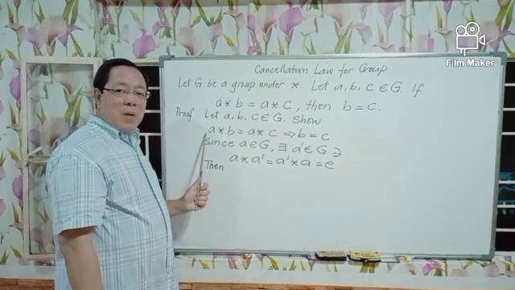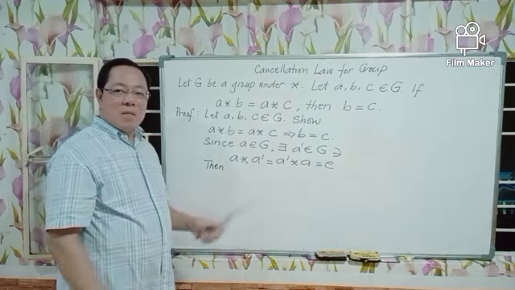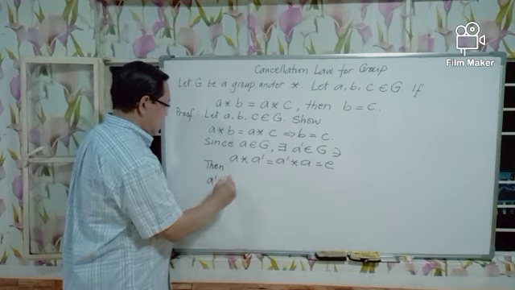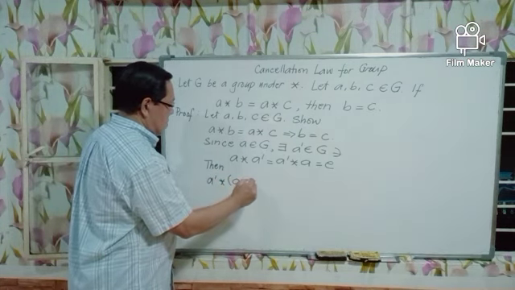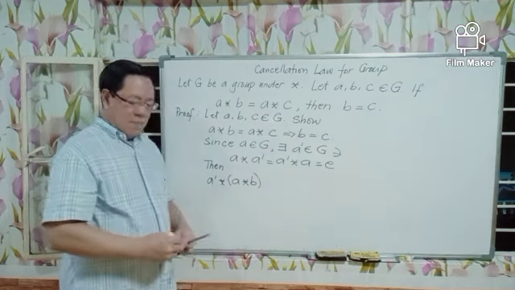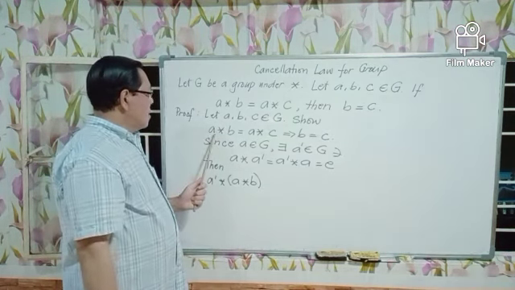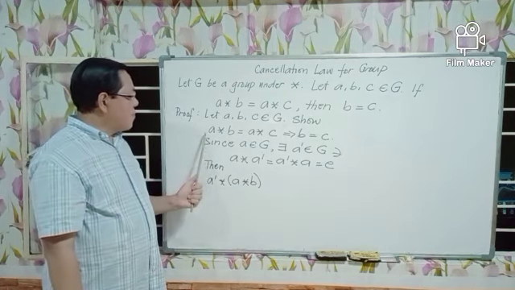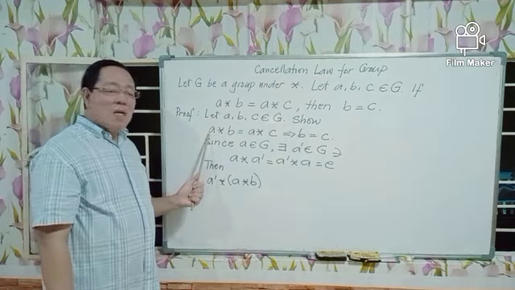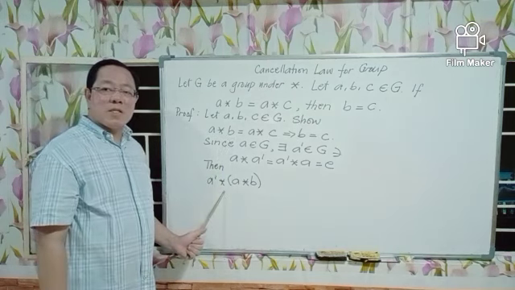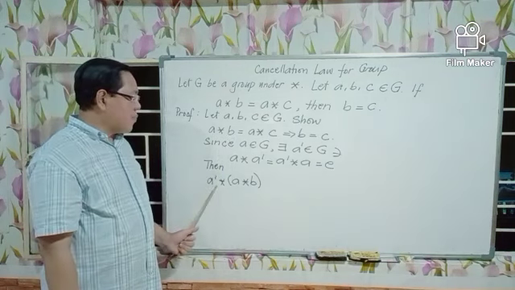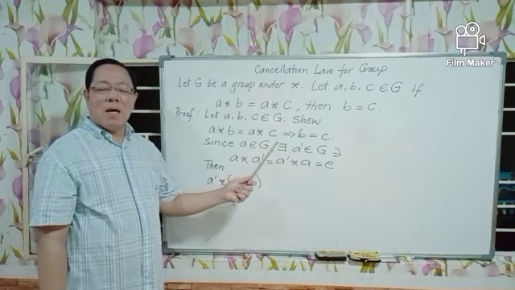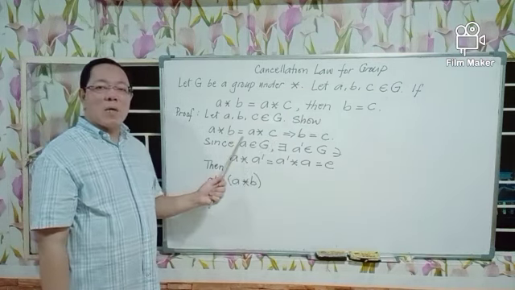That is, we write A prime to the left of A star B. If we combine A prime with A star B by the operation star from the left, we get A prime star quantity A star B. And we do the same for the right-hand side to maintain the equality.